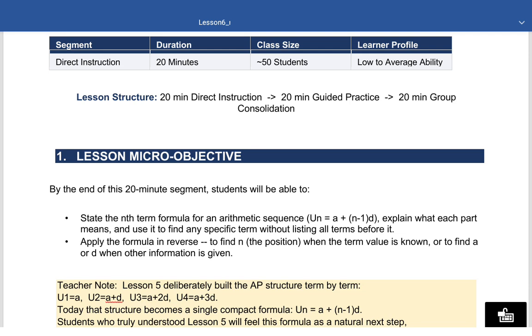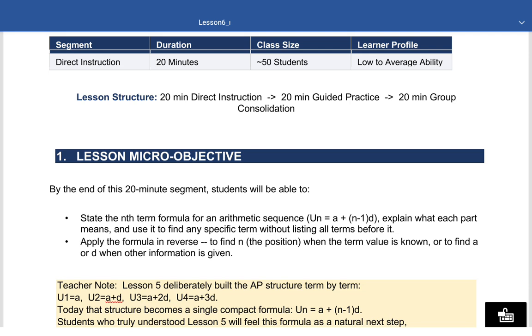So the 10th term is equal to our first term, which is 3, plus (n minus 1) times d. Our n is 10 and our d is 7. We can easily do the subtraction: 10 minus 1 is 9. 9 times 7 is 63.